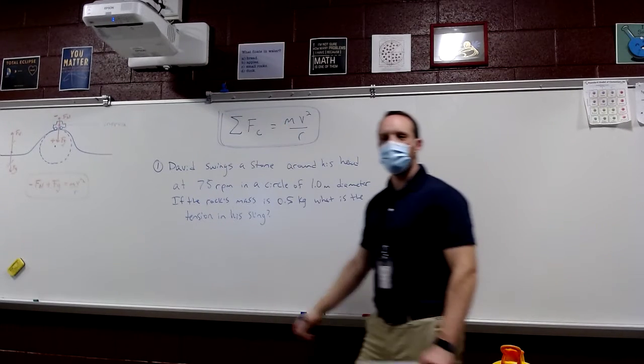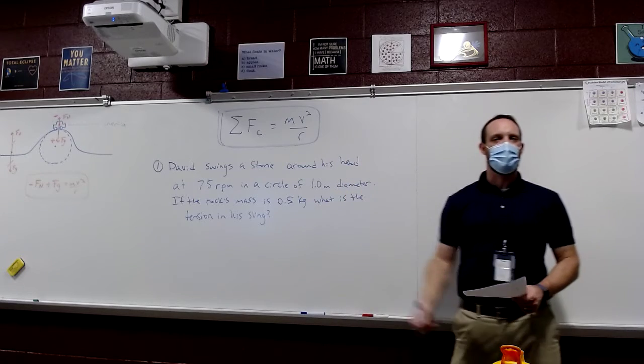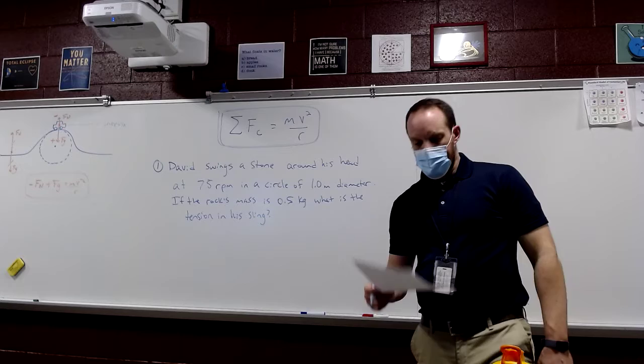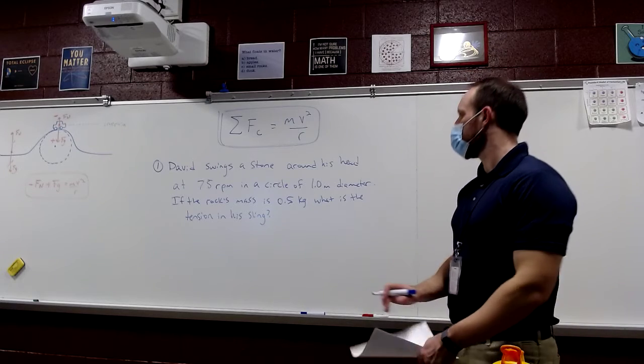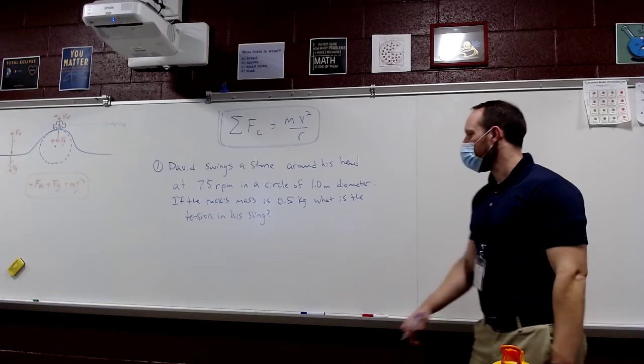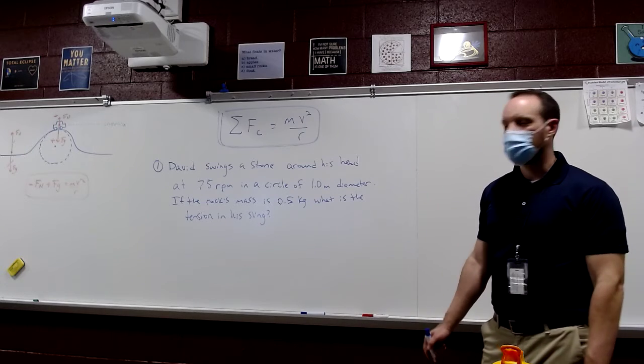So how tight is the sling stretched? How strong does his arm have to be to whirl a rock around at that speed? How much force is involved for this type of circular motion? We'll be using our centripetal force equation to help us figure this out.